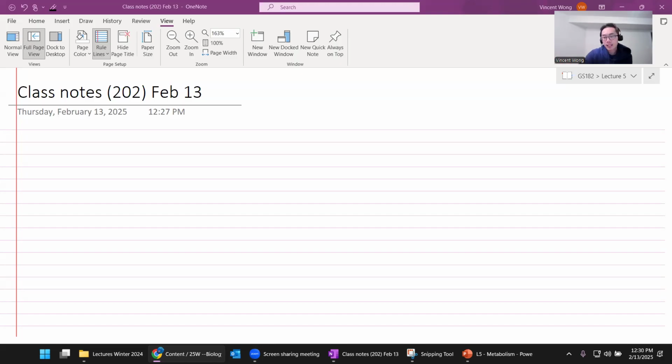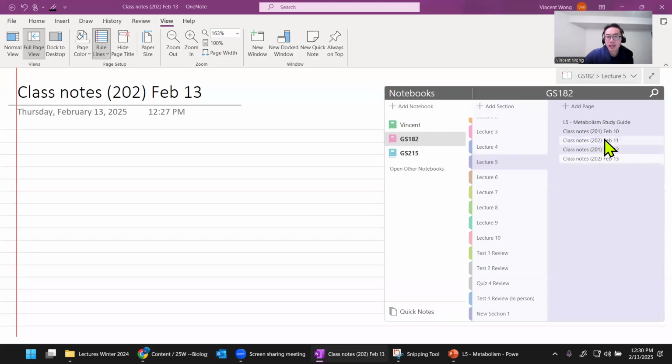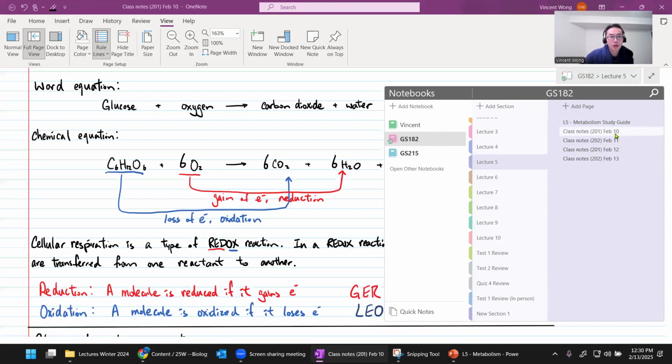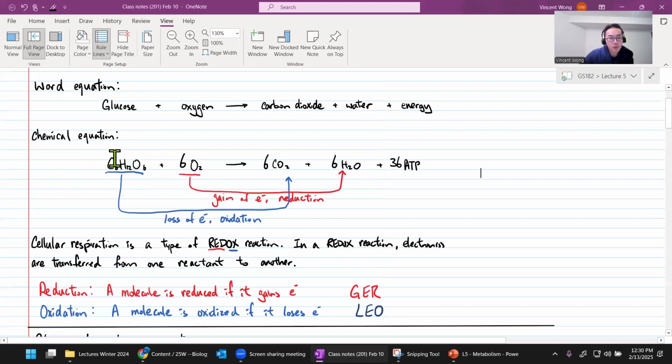All right. Last class, Tuesday, we learned about the basic background information regarding cellular respiration. We talked about how the process is essentially a type of redox reaction. So we have glucose reacting with oxygen, producing carbon dioxide and water.